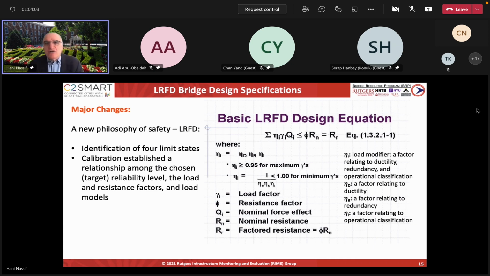And the way to accommodate for that is why the load factors are there. When you look at, let's say, 1.25 dead load plus 1.75 live load, you might ask the question, why is the dead load factor lower than the live load factor? The live load is 1.75 because there's more uncertainty involved in trying to quantify the design live load.